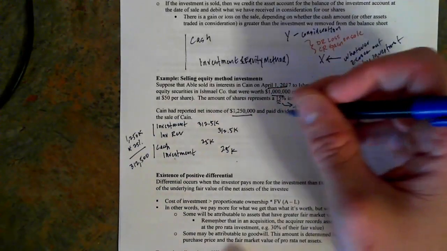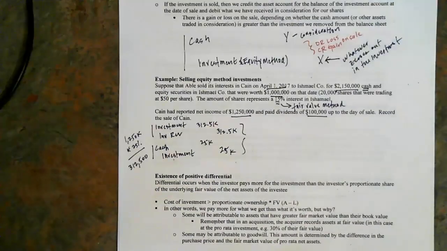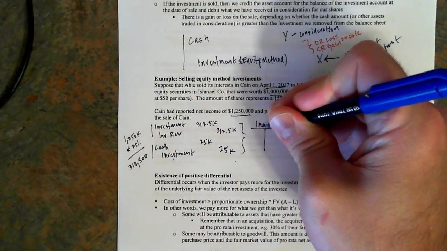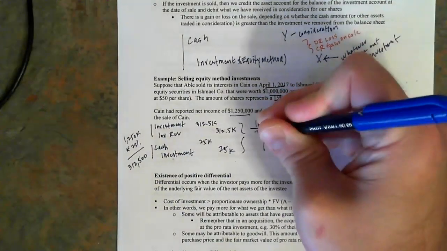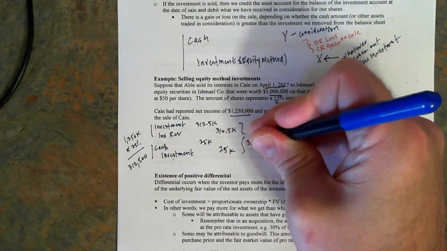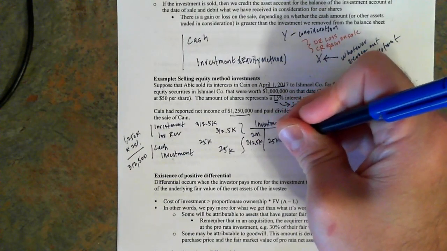So then taking those amounts, and still applying the original purchase price of $2 million, we have our investment T account. We had the $2 million purchase price. Our investment increased by 312,500. It decreased by 25,000.